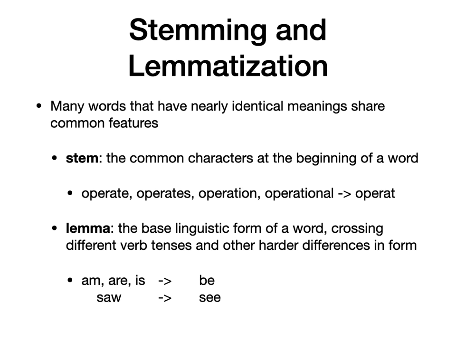The lemma, on the other hand, is the base linguistic form of a word. So this is how we get different verb conjugations to map to the same thing. This is hard because think about am, are, is. Those are all technically forms of the word be. To be, right? He is.